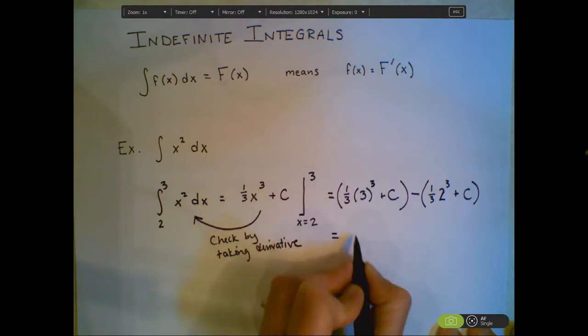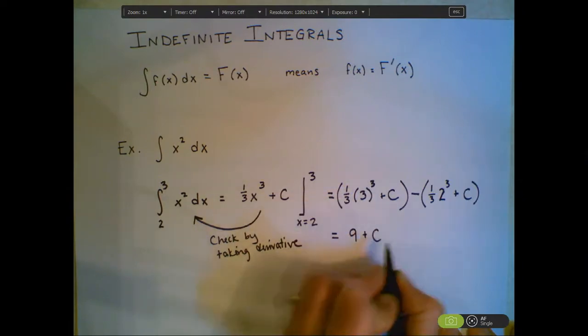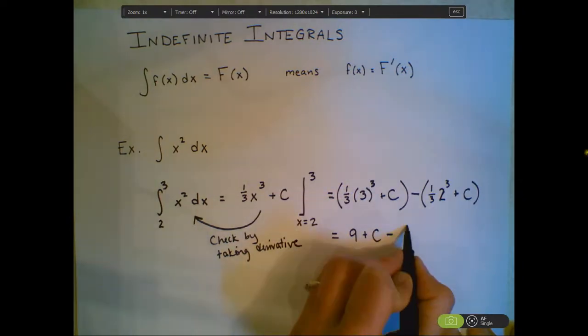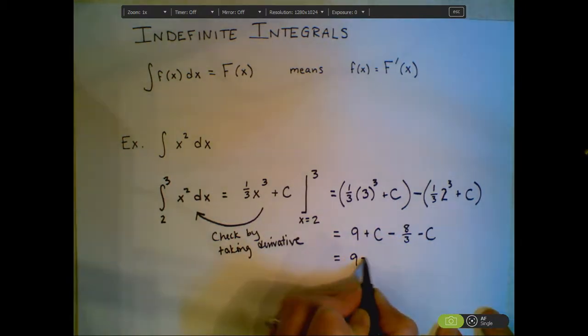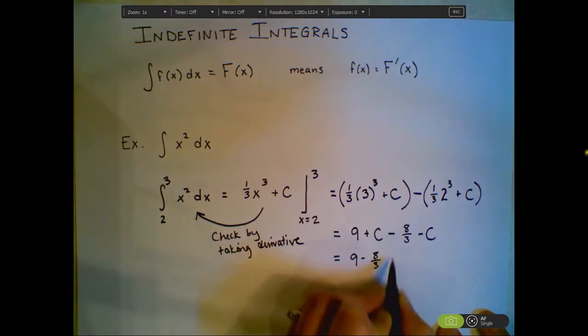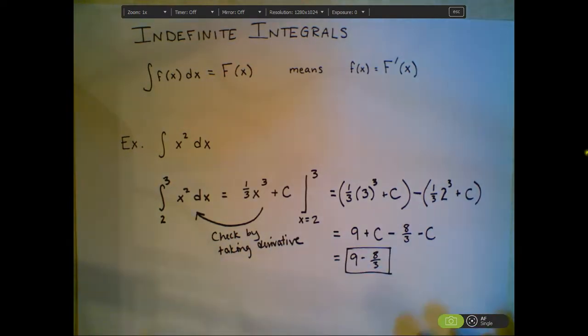So this becomes 9 plus c minus 8/3 minus c, which gives us a value of 9 minus 8/3, which is a number. This is just review, but I think it's a helpful review.